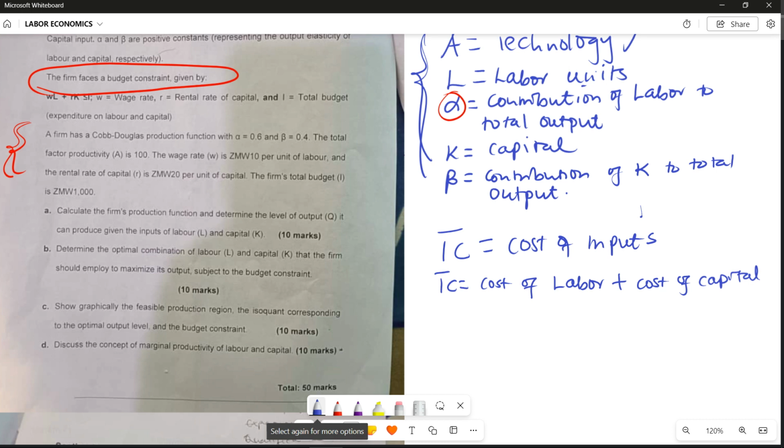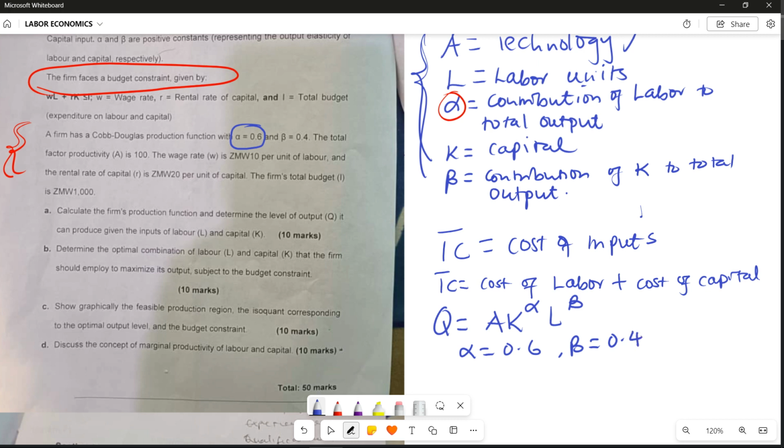Yeah, so you've said that our Q is equal to A K to the power alpha and then L to the power beta, and then the statement is saying that a firm has a Cobb-Douglas production function with alpha equal to 0.6 there. So alpha is equal to 0.6 and then beta is equal to 0.4. Okay, we've also been told that the total factor productivity is 100.